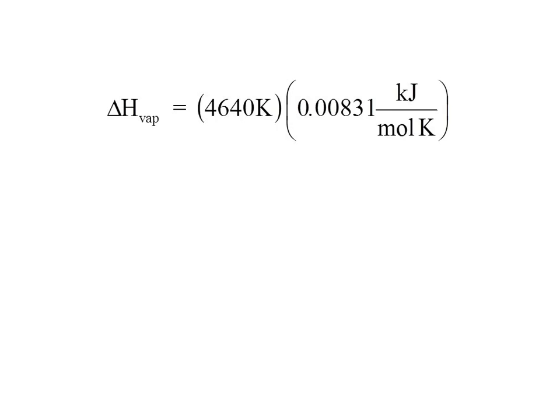So how are we going to round this? 3 sig figs. Heat of vaporization for nitric acid then would be 38.6 kilojoules per mole. Not bad.